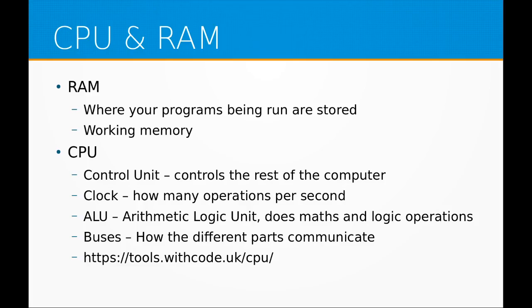Now, the CPU is composed of several parts. You've got the control unit, which, funnily enough, controls the computer. It does things like contains the clock, it says what should be done, and coordinates everything. Now, the clock is just a pulse.